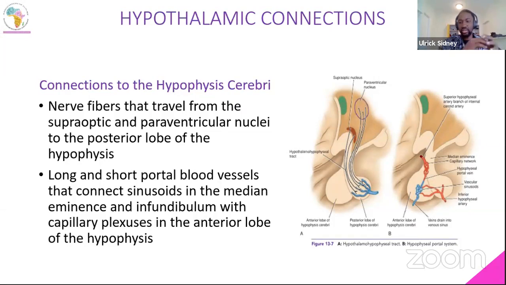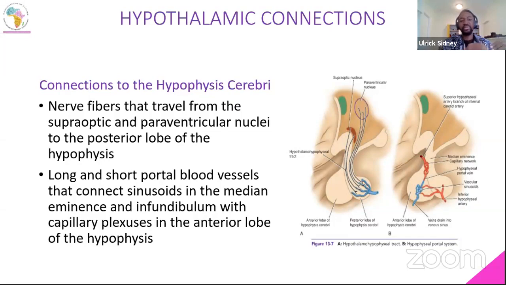Given that it's a CNS structure, you know CNS structures are not in direct contact with blood normally. However, there are areas of the brain where you have to have direct contact with the blood. It's the case with areas that can elicit vomiting, like the area postrema, and the hypothalamus as well.